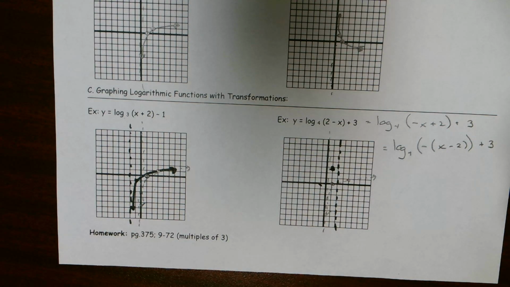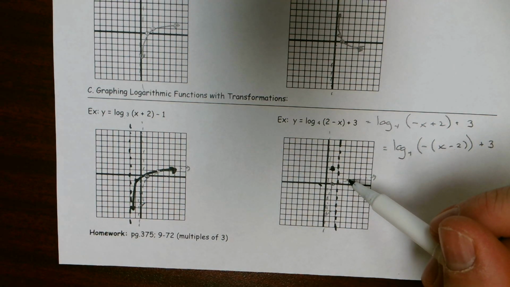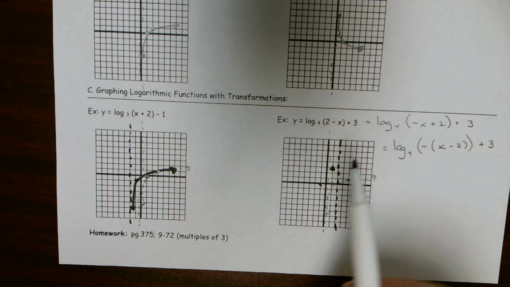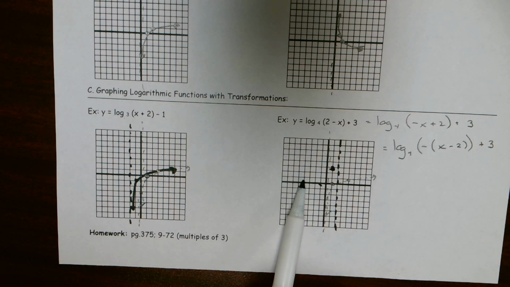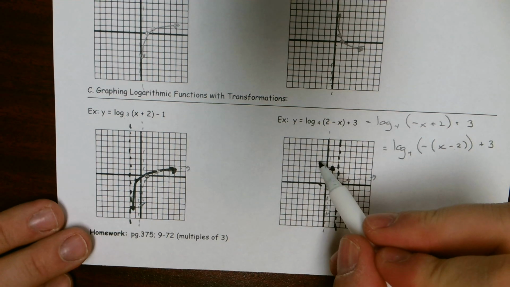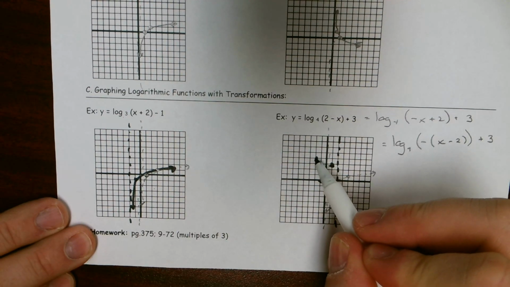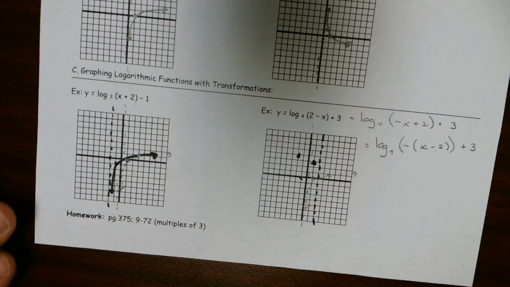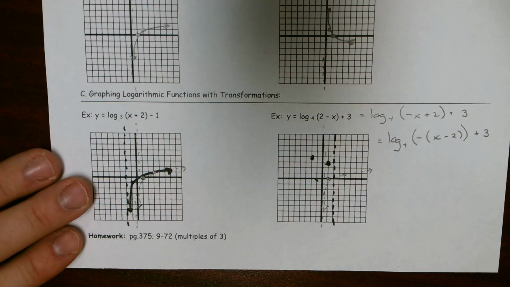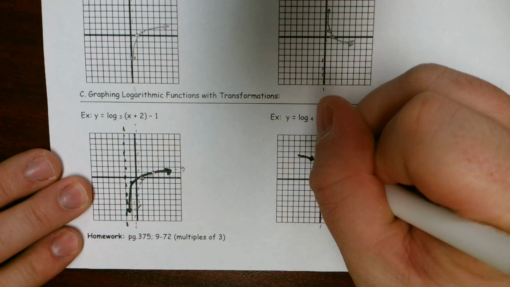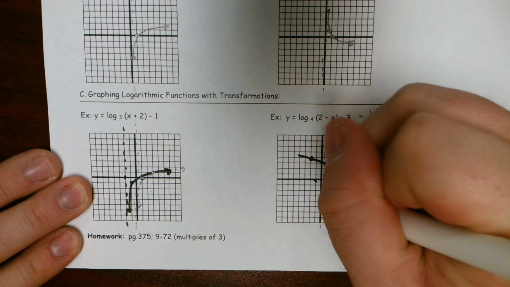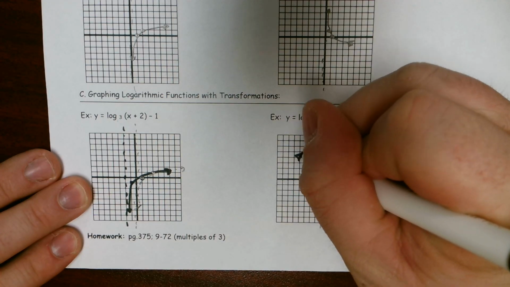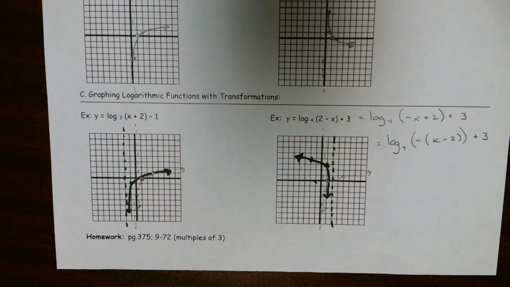And lastly, let's take this point at 4, 1, reflect it over the y-axis. So now it's at negative 4, 1, right 2, up 3. It's right there. And the shape of our logarithmic graph should represent a reflection over the y-axis.